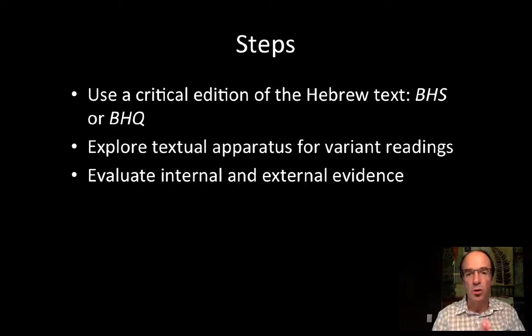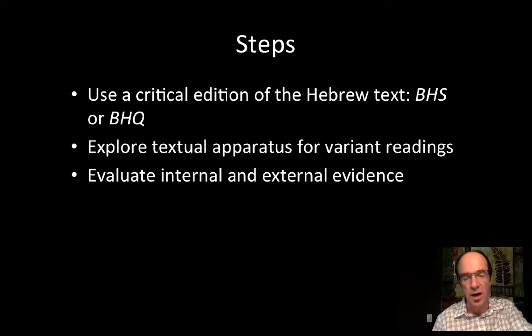For this class, we're going to focus essentially on using the BHS apparatus, and we'll discern in terms of the internal evidence, what's the best reading for the context, and we'll also use the external evidence of the variants that are listed in BHS to make our decisions. I encourage you to watch the other lecture that I've given on textual criticism for information about the various sources.